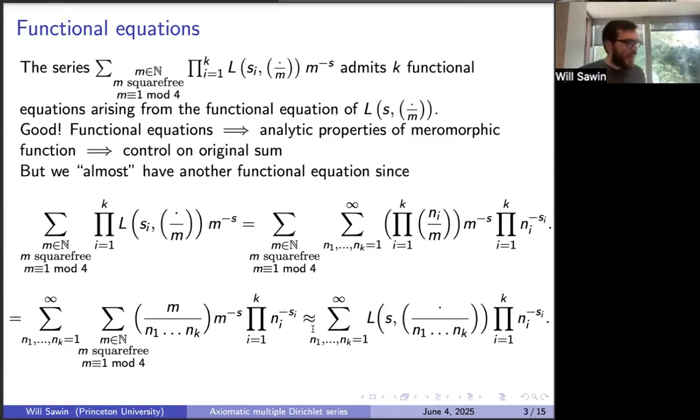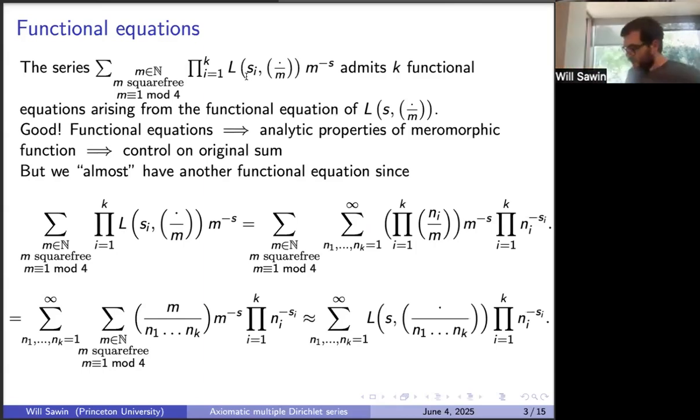So to that end, the first thing that we should observe is that this series in k plus 1 variables has functional equations. Because the L function has a functional equation, you can take the functional equation and apply it to all the L terms, and you'll get a new expression which looks pretty much like your original expression after a change of variables.